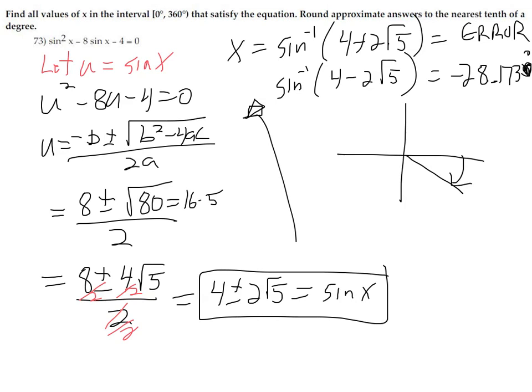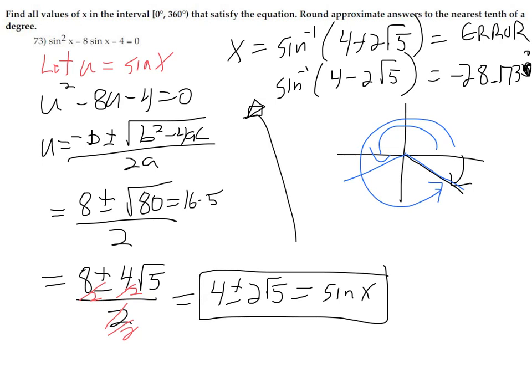However, that's not where we need to be. We need to be between 0 and 360. So where is sine negative? Sine is negative in quadrant 3 and quadrant 4, but around this way, not backwards, which is what our calculator gave us.